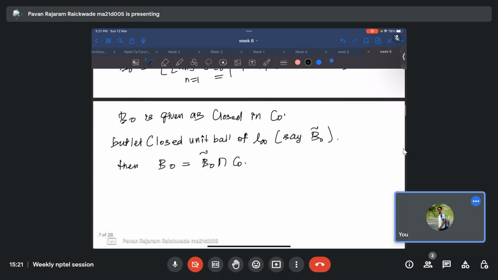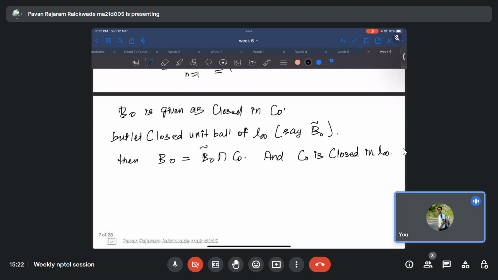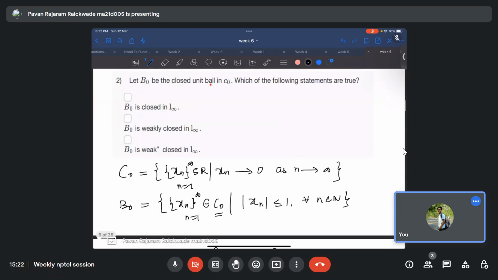And what do we know about c naught? c naught is closed. We have seen it in some session before, maybe the third or fourth assignment. So c naught is closed, which implies B naught, being an intersection of two closed sets, is also closed.